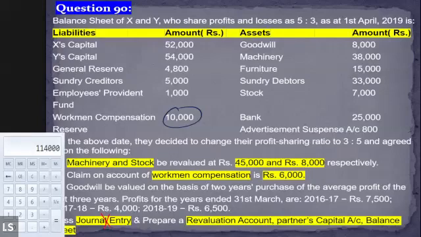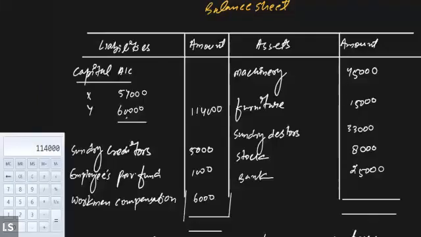Yes, sir. Yes, sir. Okay, now let's just total all these values and ensure whether both the sides have the same balance or not. 45,000 plus 15,000 plus 33,000 plus 8,000 plus 25,000.